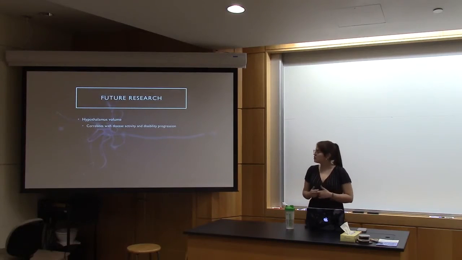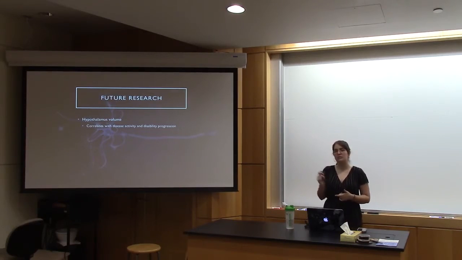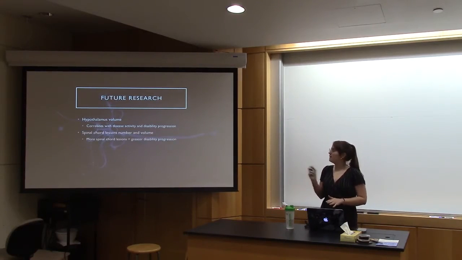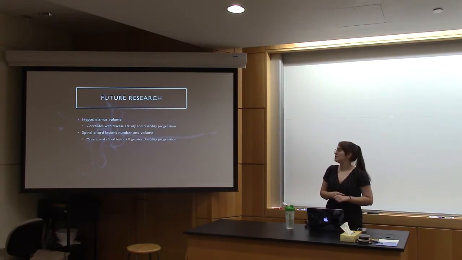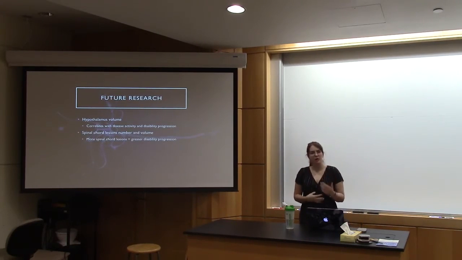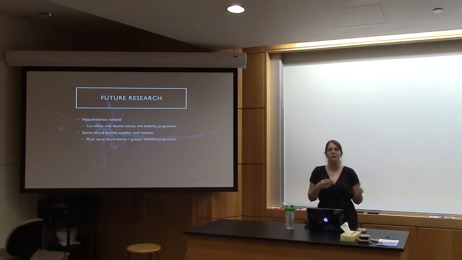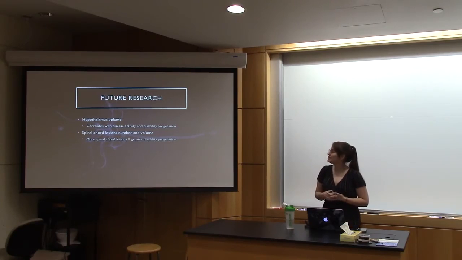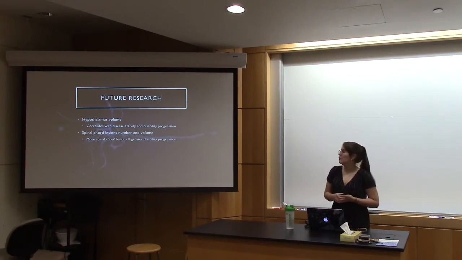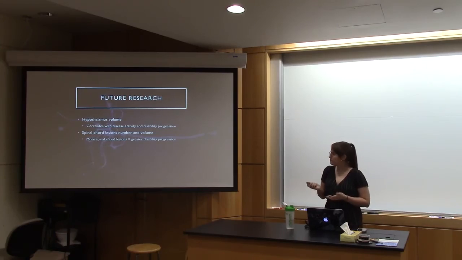A lot of new research is looking at that volume because it has not been in practice so far whatsoever. Another topic I got questions about is spinal cord lesions, number and volume. Spinal cord lesions are mostly characterized in the beginning of the disease and after a while they don't screen it anymore. But more spinal cord lesions equals greater disability progression in a lot of studies lately, which is really interesting.